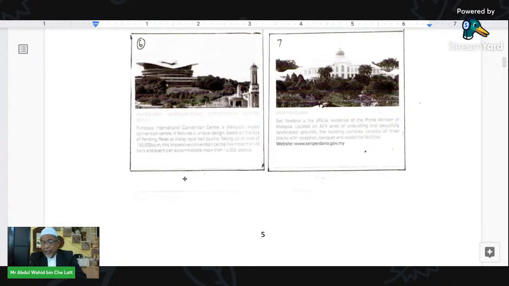And the last one, extract 7. Sri Perdana is the official residence of the Prime Minister of Malaysia. Located on 40.5 acres of undulating and beautifully landscaped grounds, the building complex consists of 3 blocks with reception, banquet and residential facilities.